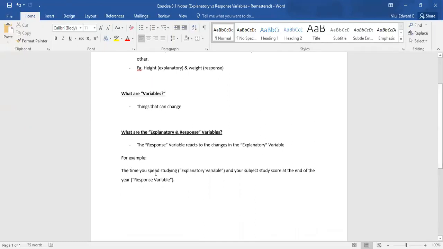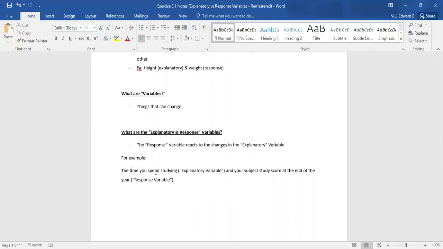So think about the time you spent studying and your subject score at the end of the year. Do you think there's going to be a relationship between the two variables? If you said yes, you're spot on, okay? Because the time you spend studying is ultimately up to you.